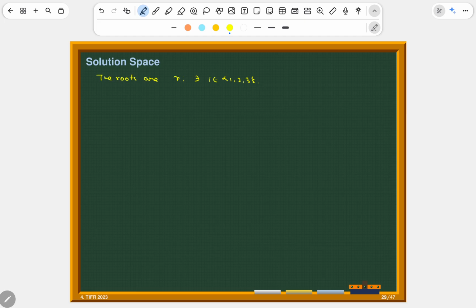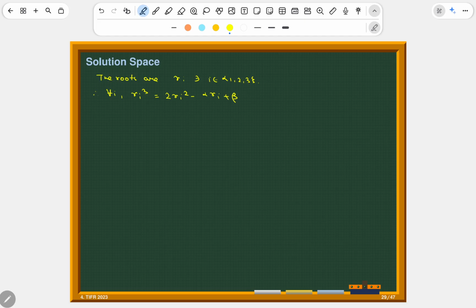We are good, right? Now each of these Ri's are roots of the polynomial x cube minus 2x square plus alpha x minus beta. So therefore, for all i, we have Ri cubed is equal to 2 times Ri squared minus alpha Ri plus beta, right?